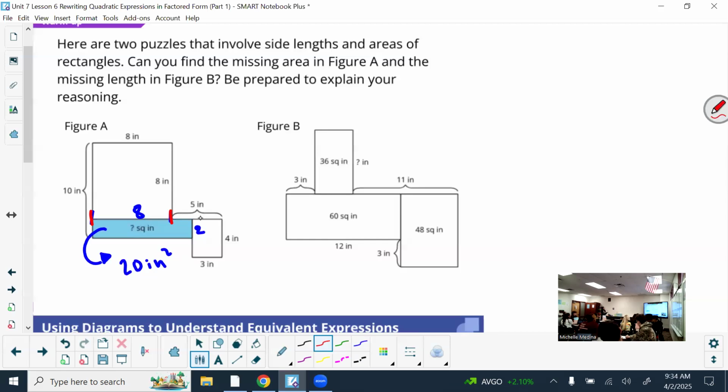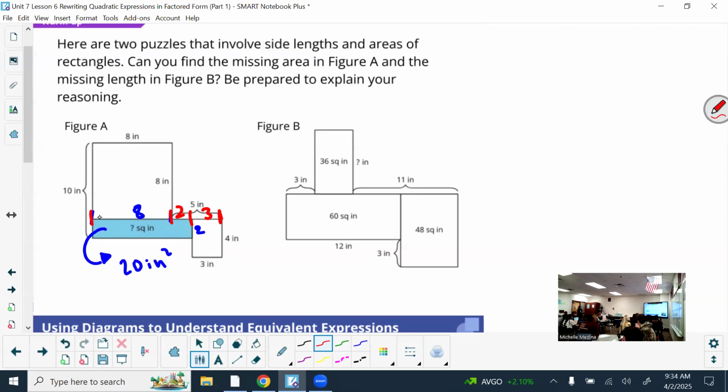But then you have to confirm that from here to here is 2 by looking at the other rectangle. This other rectangle has this side labeled with the 3, so we know that from here to here is 3. And then they have from here to here is 5. So what plus 3 gives us 5? So that's how we know that this part must be 2.